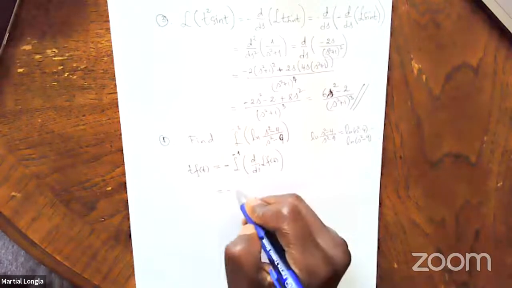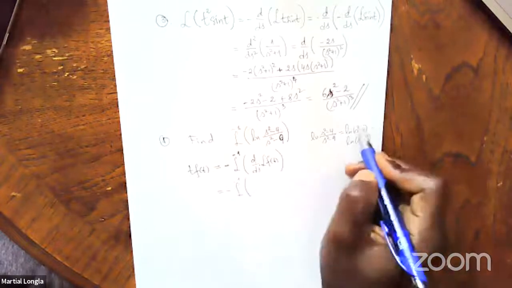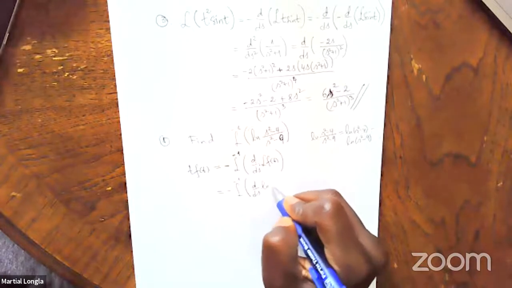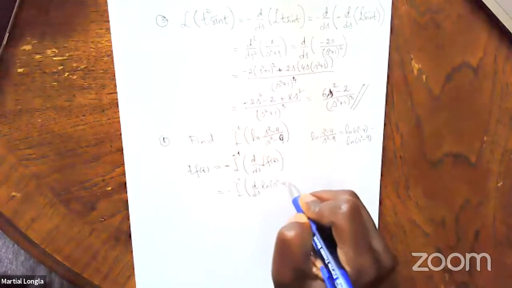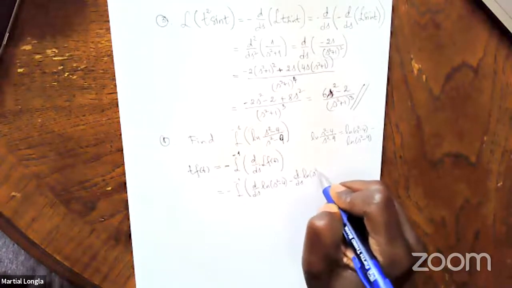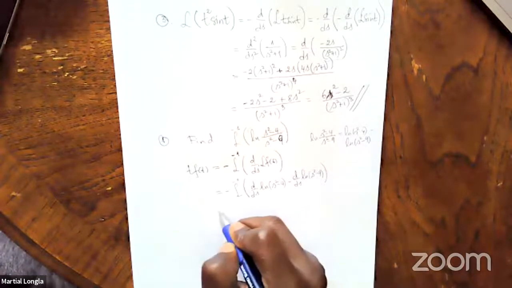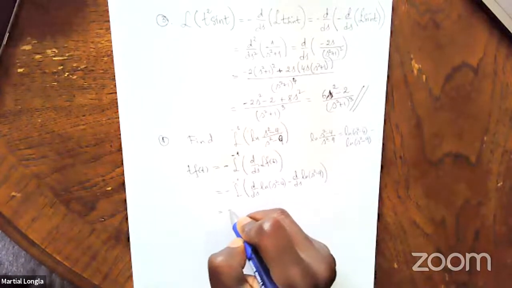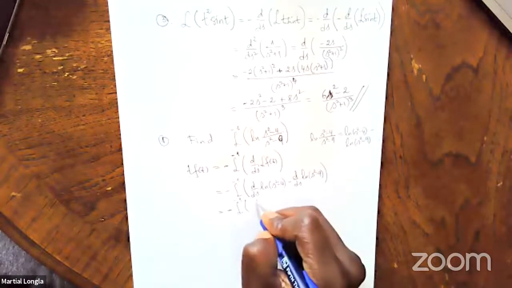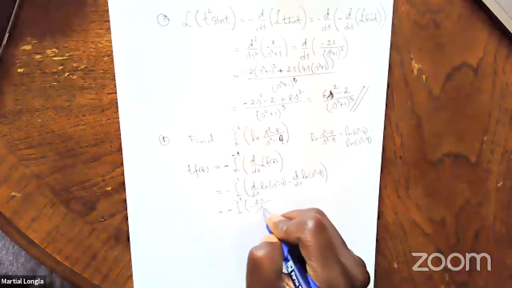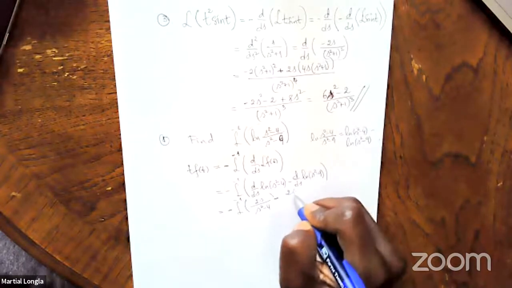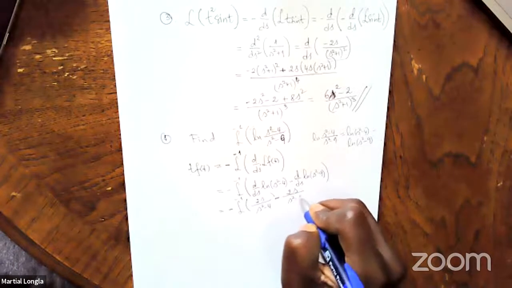So that's going to be negative inverse Laplace transform of d over ds natural log of s squared minus 4 minus d over ds natural log of s squared minus 9. So that's negative inverse Laplace transform of, and this derivative is 2s over s squared minus 4, and that one is 2s over s squared minus 9.